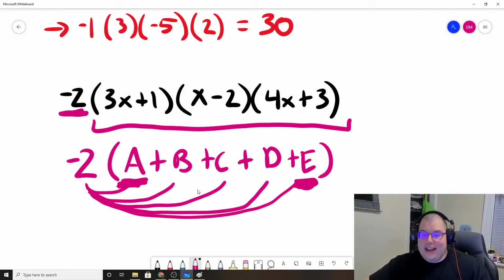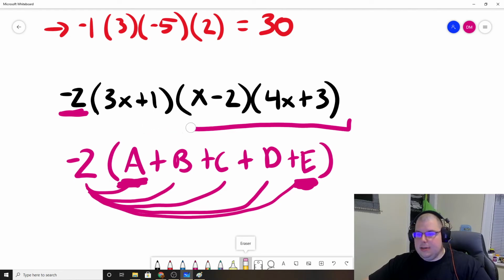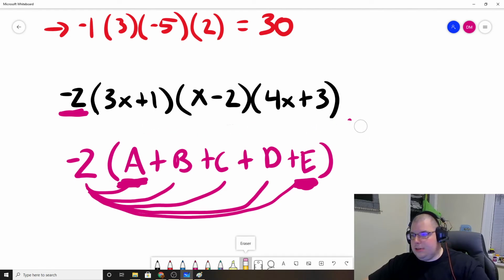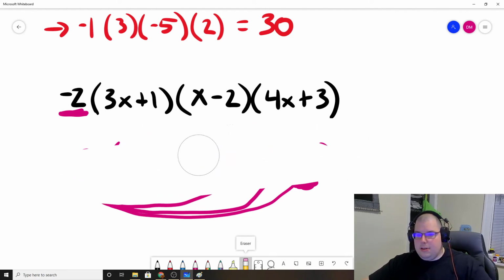So when I'm finding the leading coefficient and the constant term from this polynomial with that number in front, I'm going to multiply it by both of them. Let's take a look at what that'll look like right now after I delete all of this.